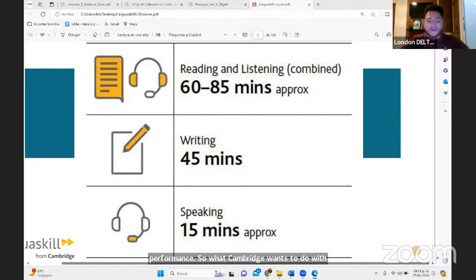Entonces aquí no vamos a experimentar algo que sea como el examen fue fácil o fue difícil, ya que el examen lo que busca es adaptarse al nivel que estás demostrando al momento de hacerlo. So that's why it's called an adaptive exam, and that's why we have about 60 to 85 minutes. Entonces, si por ejemplo tienes un nivel muy avanzado, el examen va a durar los 85 minutos.